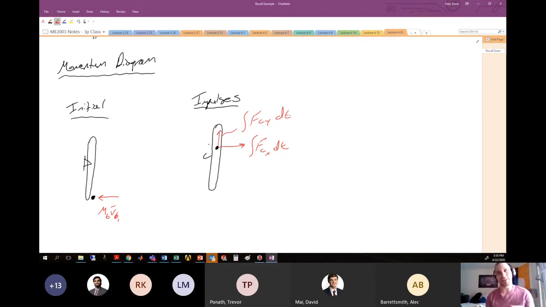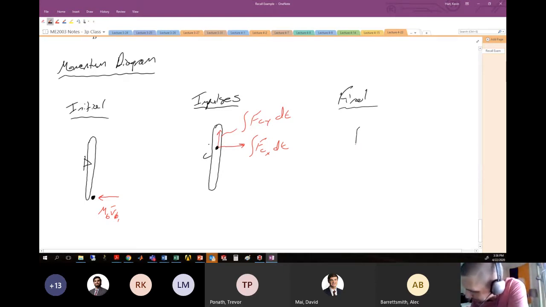Yes, there's some interaction and forces are transferred there, but because they're sticking together, they're internal and will no longer be external forces because it's all one system now. So the only impulses in this situation are from that pin, which are external forces.